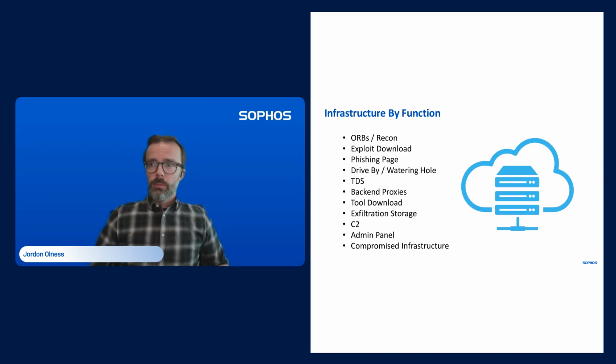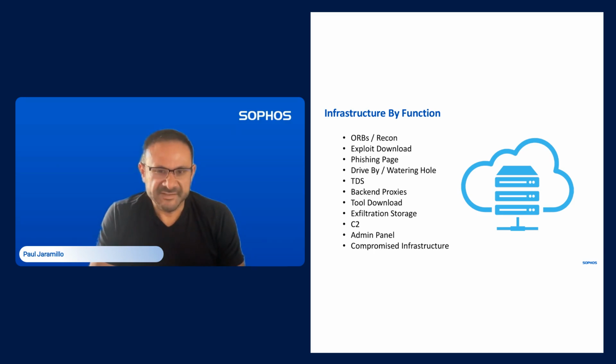Yeah, there's just so much that makes up all the different pieces of infrastructure. As you can see from the list here, this is not even everything, but some of the key ones that we've highlighted before, because the adversary will do recon usually from other people's infrastructure or through Tor proxies to disguise where they're coming from. They'll deliver exploits either from a download or from a drive-by or watering hole.